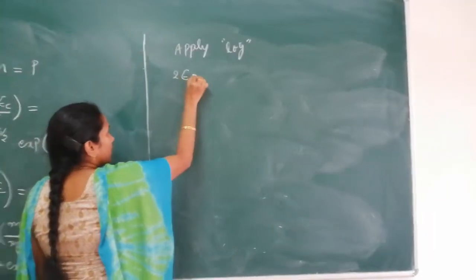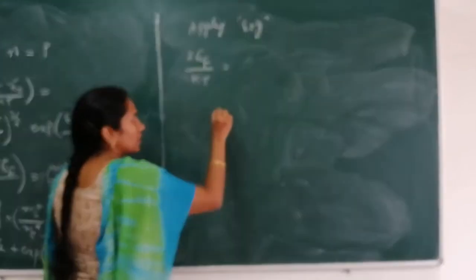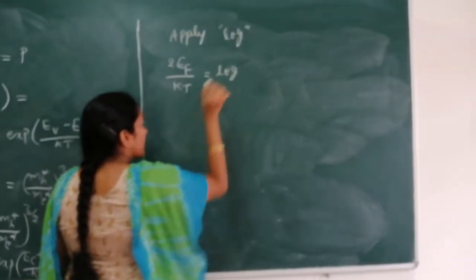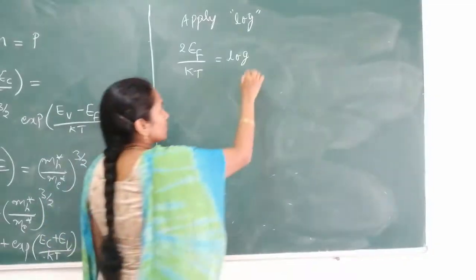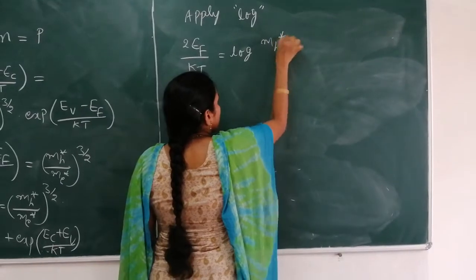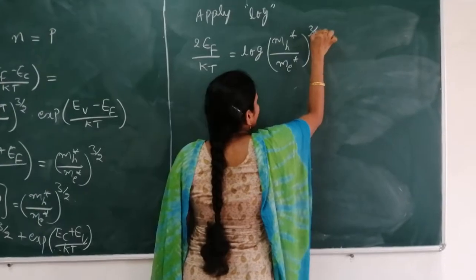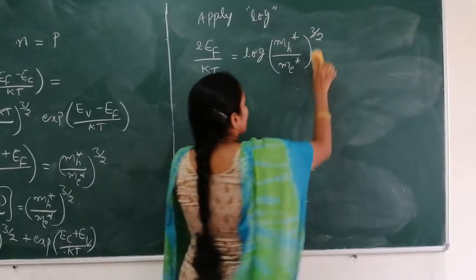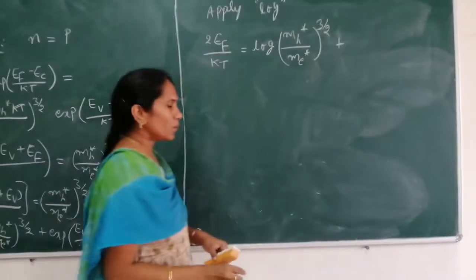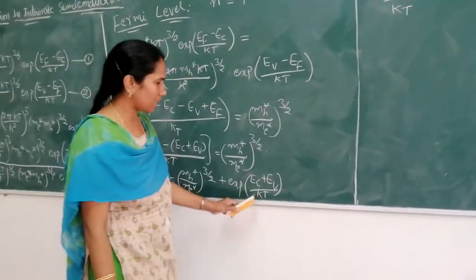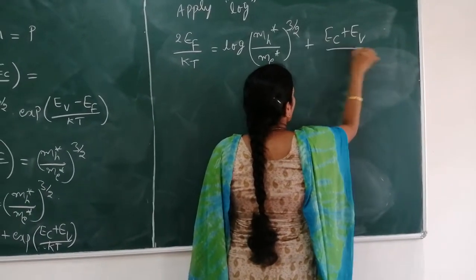So on the left side we have 2EF by kT, which is equal to, when I apply the logarithm, the right hand side term becomes log of (mh star by me star) whole power 3 by 2 plus log of exponential, which again gets cancelled, and the only remaining term is (EC plus EV) by kT.